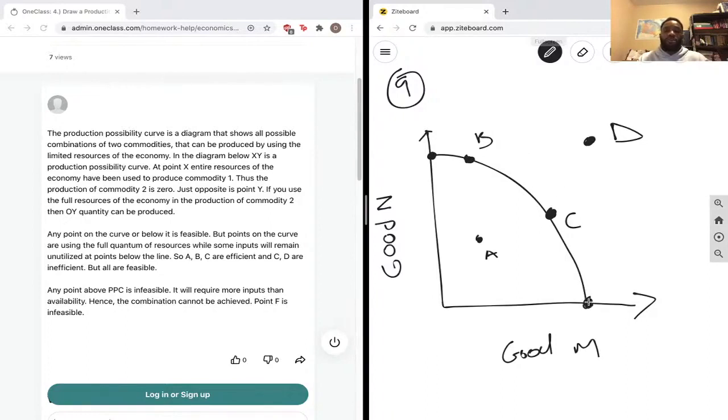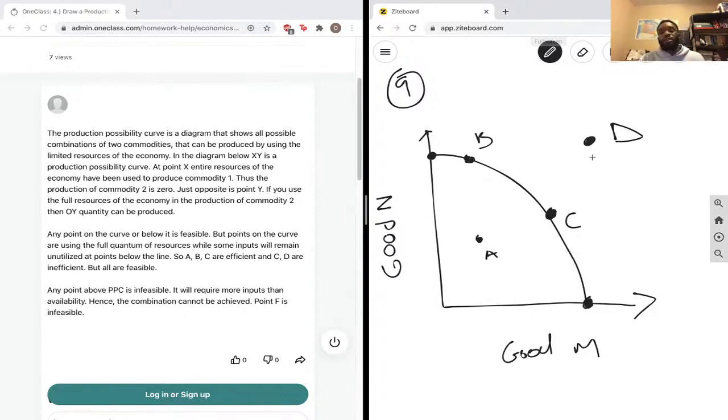So at this point over here, we've used all the resources available to produce good M. And at this point over here, we've used all the resources given to us to produce good N. For good B and good C, we've used all the resources available to us to produce some combination of good N and good M. And same thing here. We've used all the resources available to us to produce some combination of good M and good N. So this is feasible and it is efficient.